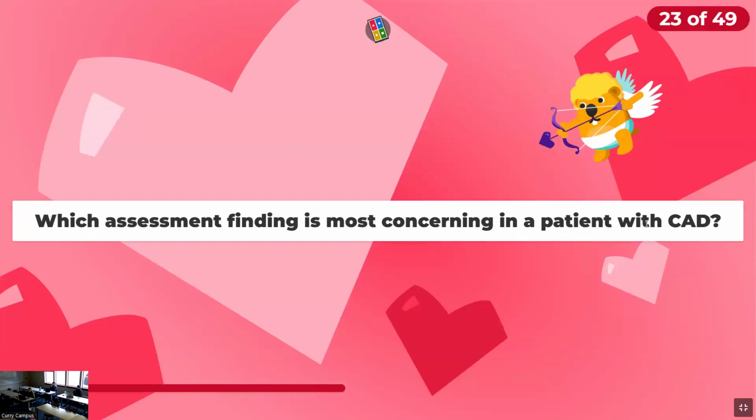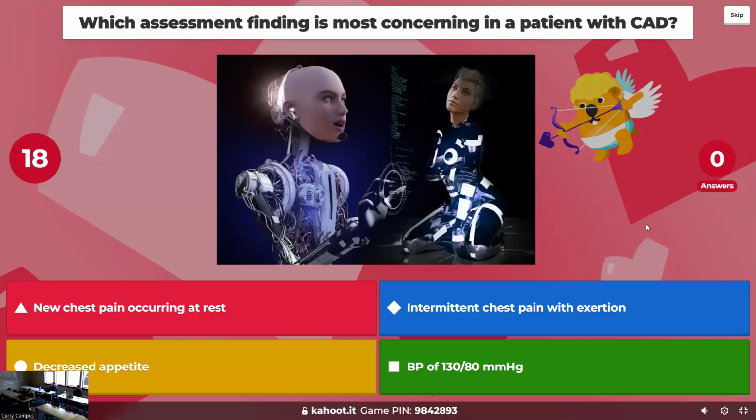Okay, which assessment finding is most concerning in a patient with CAD? And this one's decreased appetite. Oh, BP of 130/80.